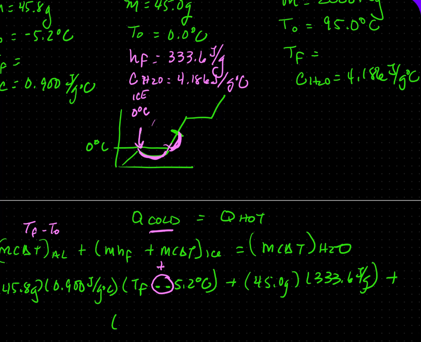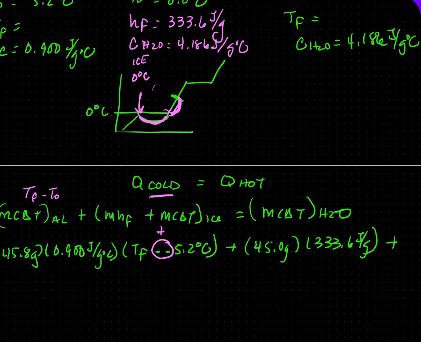plus the ice being warmed up. The mass is still 45 grams. The constant now is 4.186 because it melted and became 0 degrees water, and now we're heating up that water, so we're in the liquid state. Since this is the cold side, this is still T final minus T initial.